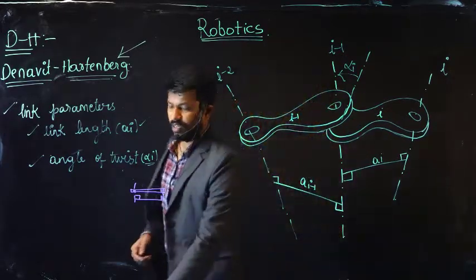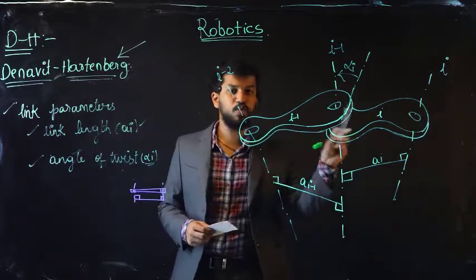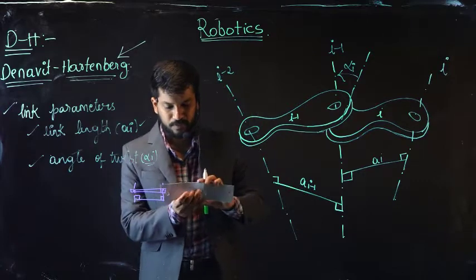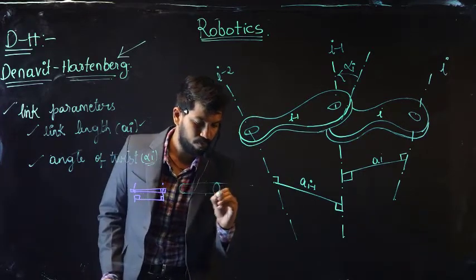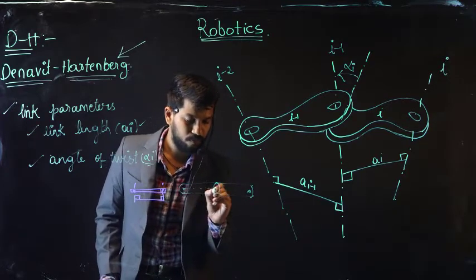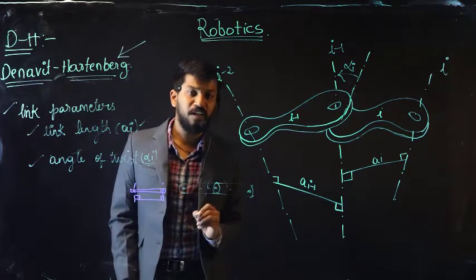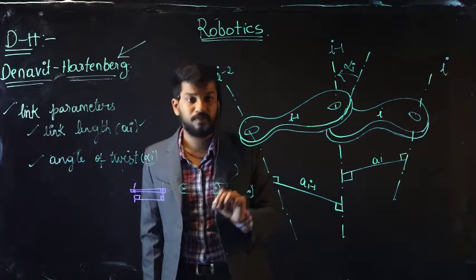Again, one more parameter which I am trying to mention. What will be the angle between these two axes? Here the angle will obviously be 180 when this particular link has a certain inclination in this way.